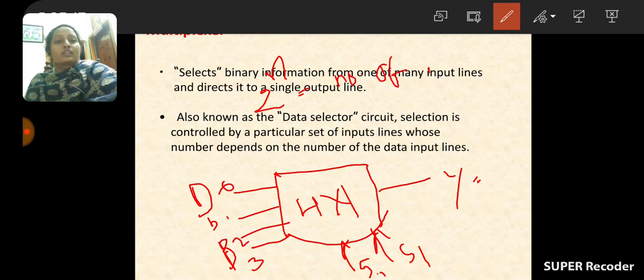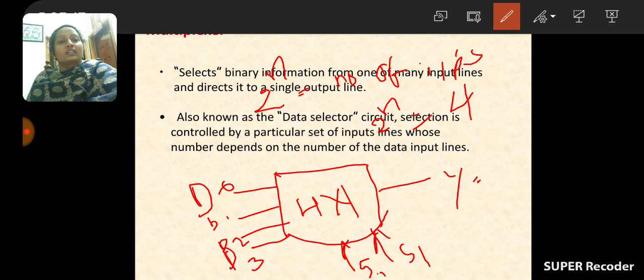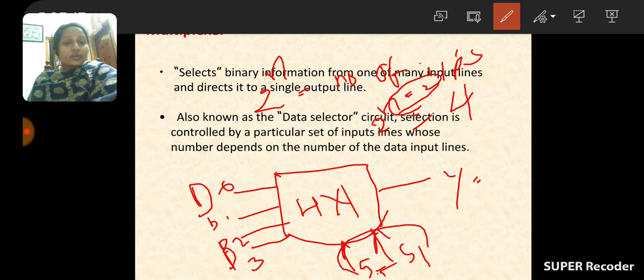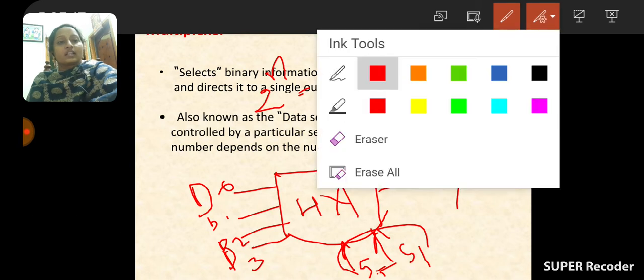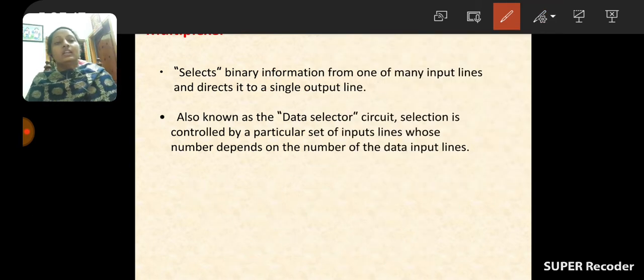We know there are 4 input combinations, so n is equal to 2, where n is the number of selecting lines. In this way, it consists of 2 selecting lines and 4 data lines. That's why it is called a data selector.